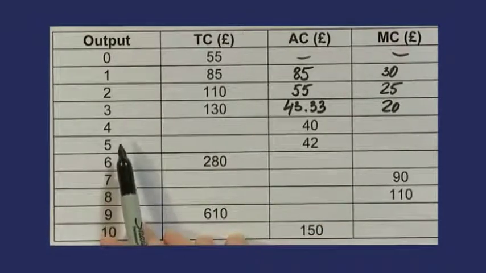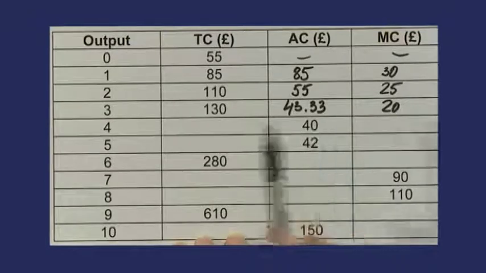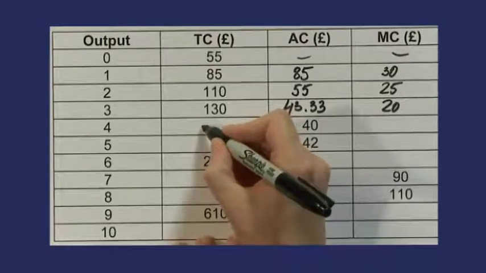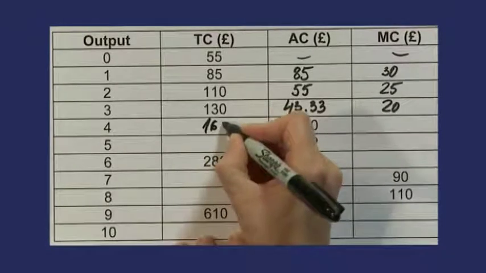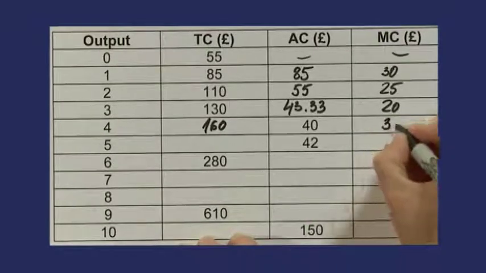When output is 4, we've got an average cost of 40, so what we have to do is multiply average cost by the number of units, which would give us a result for total cost of 160. And marginal cost is again the difference between total cost for the fourth and the third unit, so this would be 30.